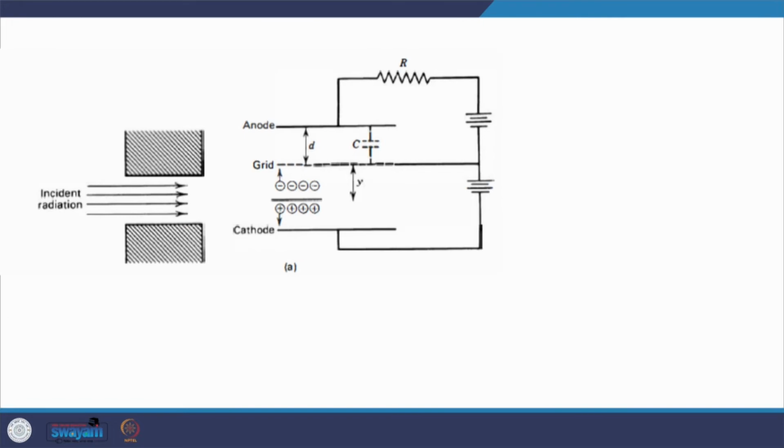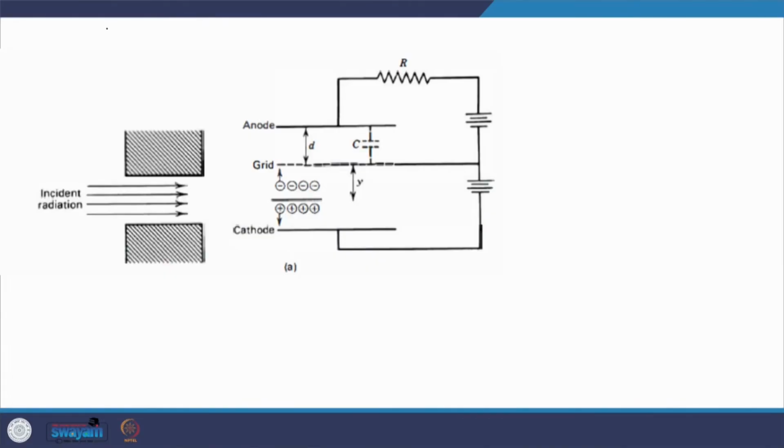Now, the problem in parallel plate ionization chamber is the dependence of pulse height on the location of interaction. Okay? So, this is a very important phenomenon. The dependence of pulse height on location of interaction.